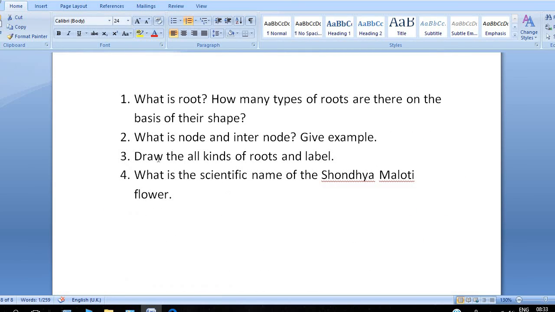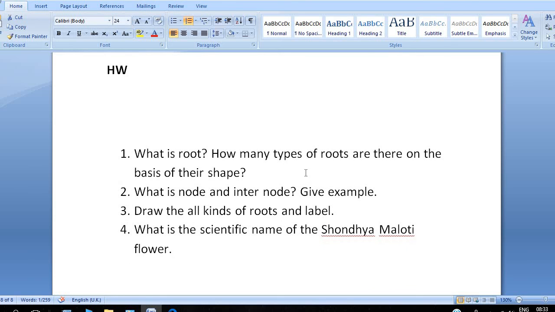You have to draw these. What are node and internode? Give an example. Draw all kinds of root and label them. What is the scientific name of the Shandamaloti flower? Describe these things. So that is all about the homework. You will do this homework.